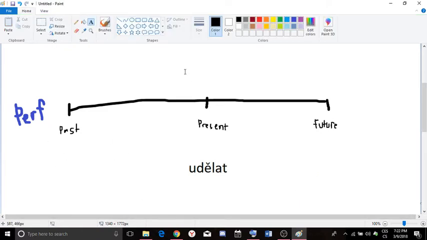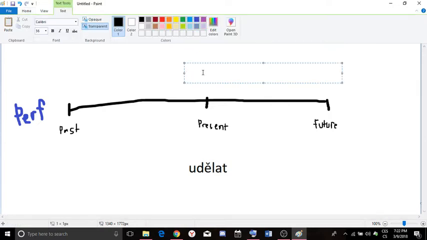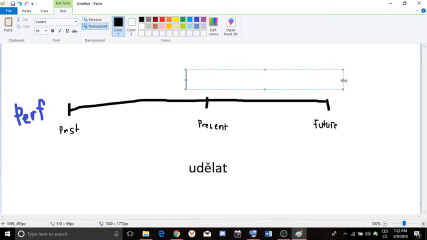So let's look at the present tense. Actually, no. We're going to start with future. Well, no. Okay, so the thing about perfective is it doesn't quite work the way you would expect. Basically, we will call it present, but it is in fact future.